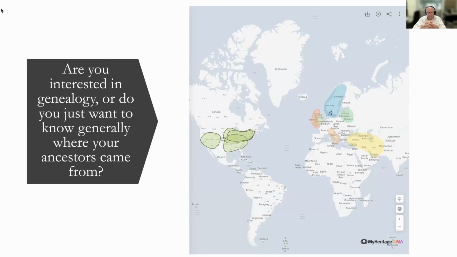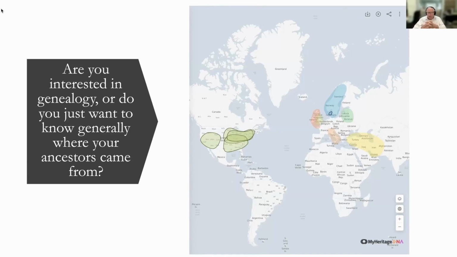Now, this is an ethnicity estimate, one that I received recently, and it raises some pretty interesting questions. I have been doing research for a very long time, about 41 years now, and I really have never found a relative from Italy, and I have basically never found a relative from Eastern Europe, over in Turkey and that area, the Middle East.